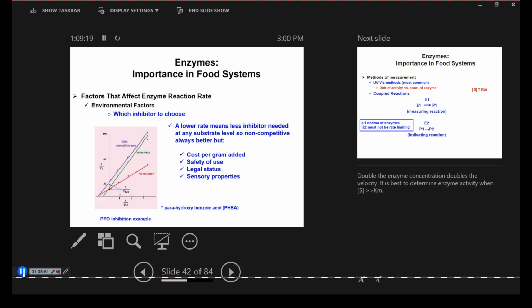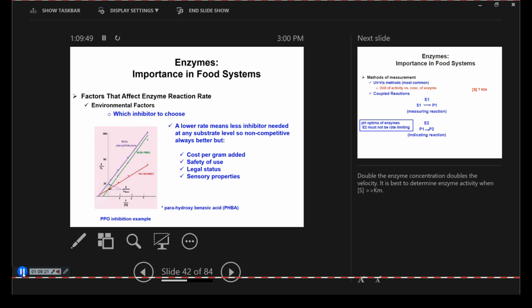And sometimes another application is we want to choose an inhibitor for an application to inhibit browning, for instance. In this case, polyphenol oxidase inhibition and the use of phenylthiourea versus para-hydroxybenzoic acid. So we wanted to determine the type of inhibition. The para-hydroxybenzoic acid had a competitive inhibition.